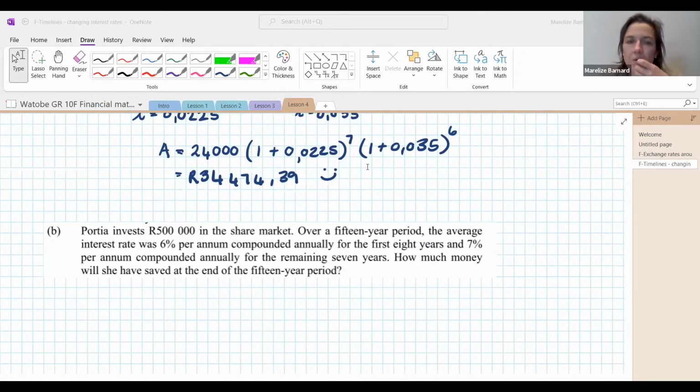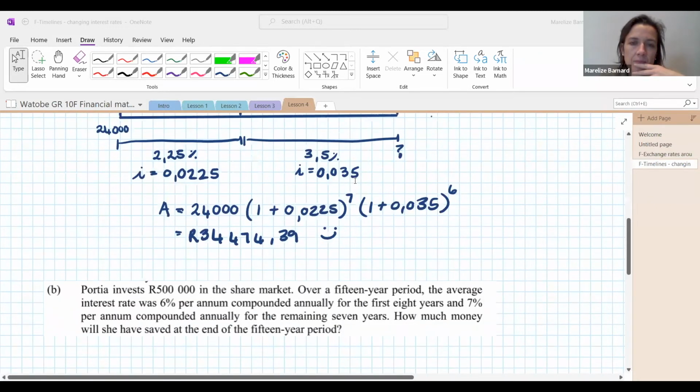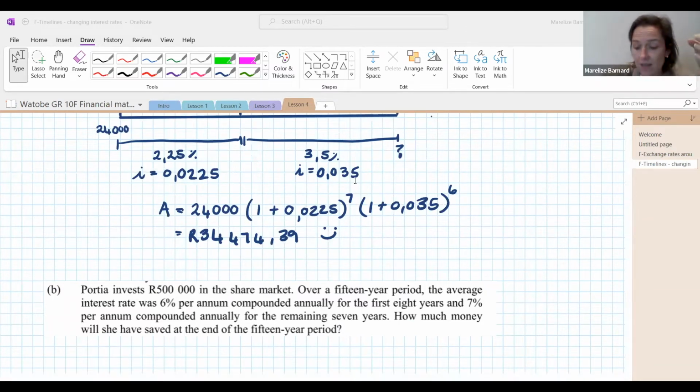Why do you use 13 over 6? Perhaps I use 13 because it is for the end of investment. Yes, so the money grows at that 2.25% for 7 years, and then it grows at 3.5% for 6 years.